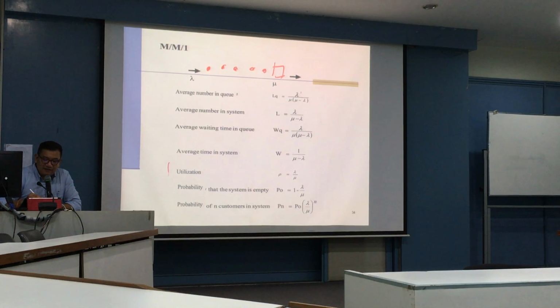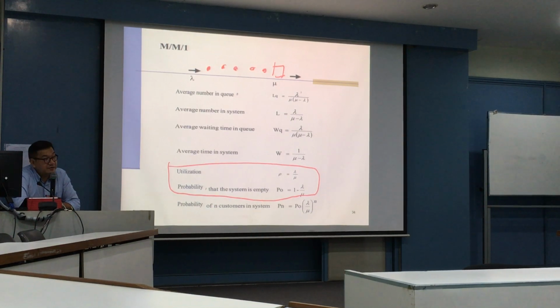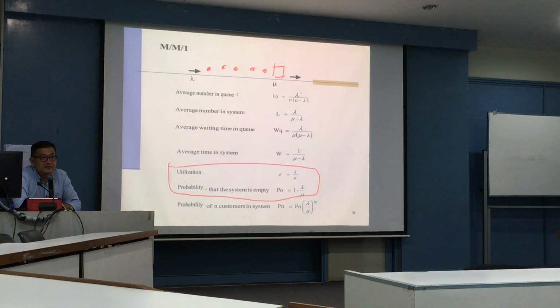And you can see one interesting thing: the utilization rho and P0. In this case, rho is lambda over mu, but P0 is 1 minus lambda over mu. So it means that P0 in this case equals 1 minus rho, right? This happens just like this only in the case that you have only one server.